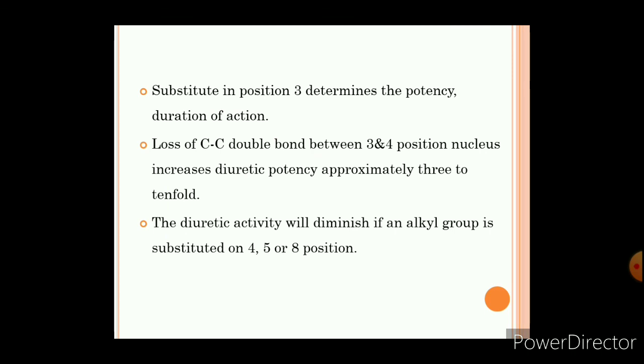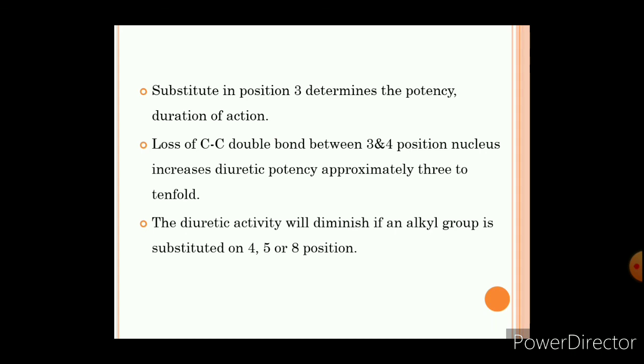Next, loss of the carbon-carbon double bond between the third and fourth positions of the nucleus increases the diuretic potency approximately 3 to 10 fold.